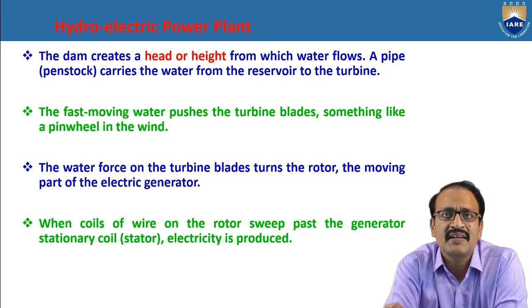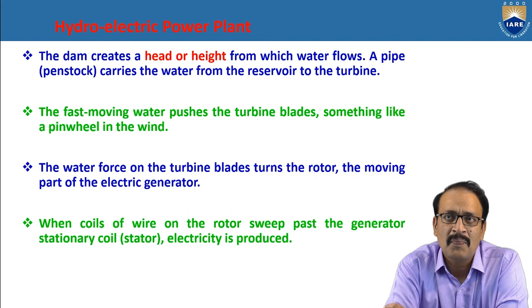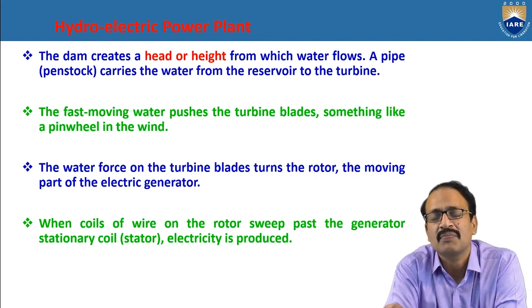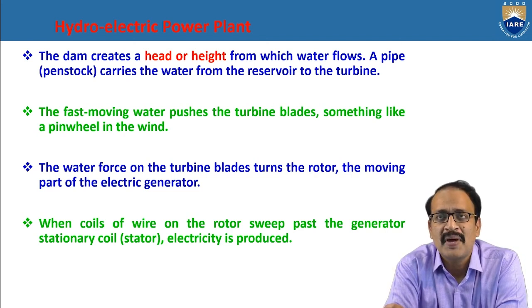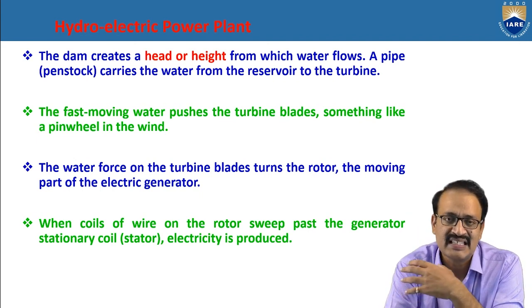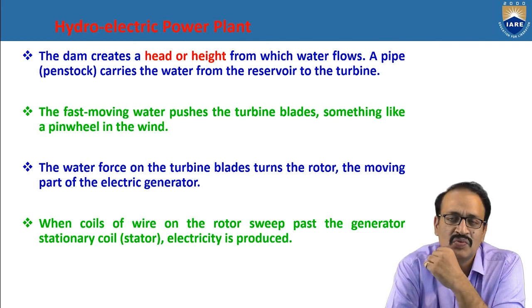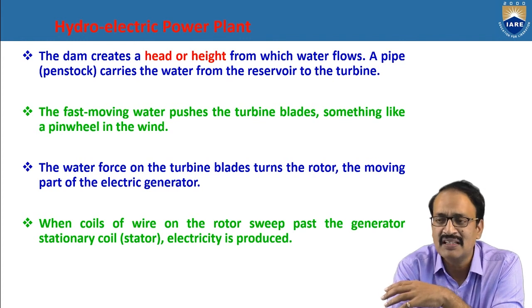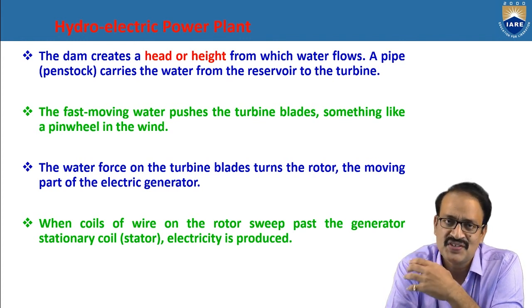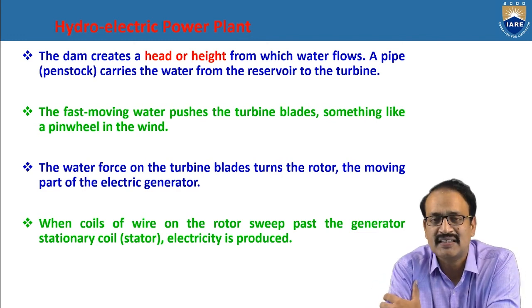From the head or height, the water will flow to the turbine with the help of the pipe called the penstock. Through this penstock, the water reaches the turbine and creates pressure on the blades of the turbine, which is going to rotate.